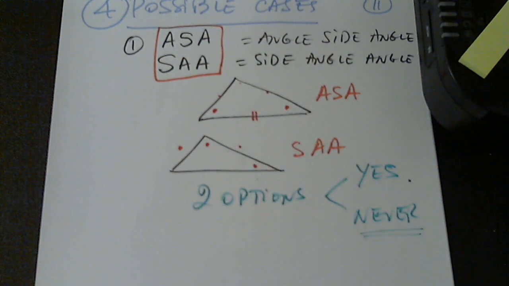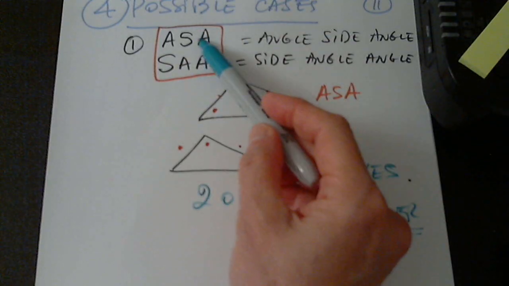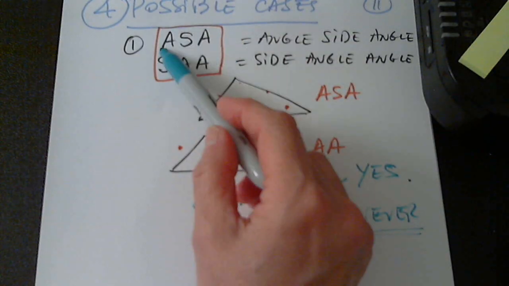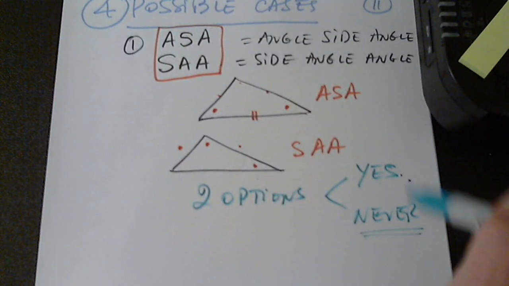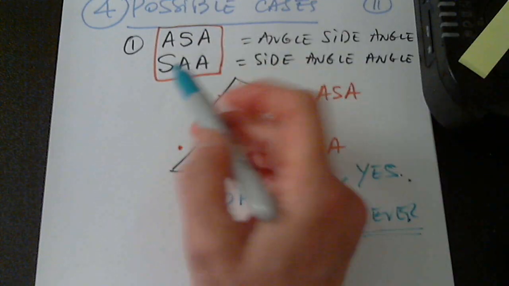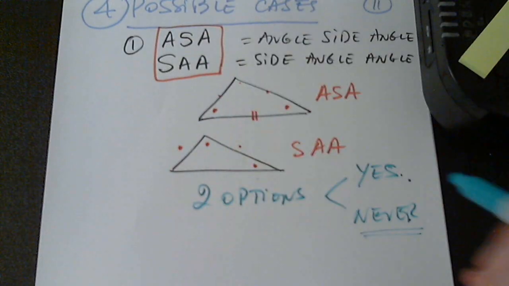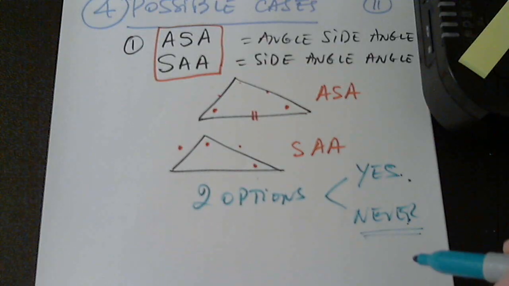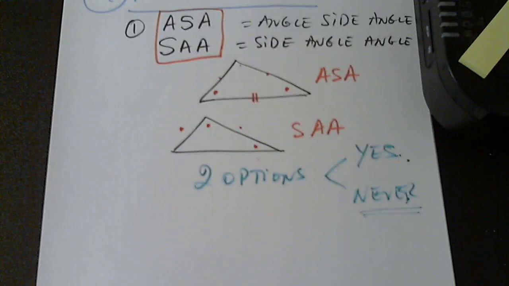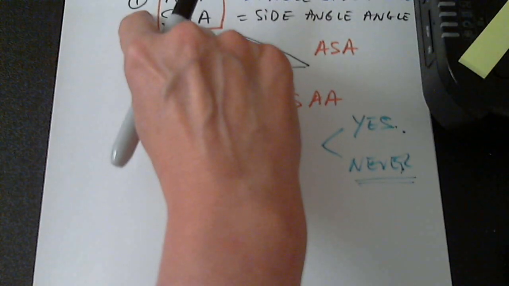Whatever you gave me does not build a triangle. So angle, side, angle can exist or not. Side, angle, angle can exist or not. Why am I writing this distinction? In a minute, you'll understand why. So this is the first possible case.